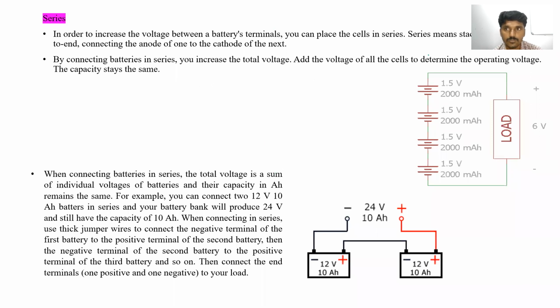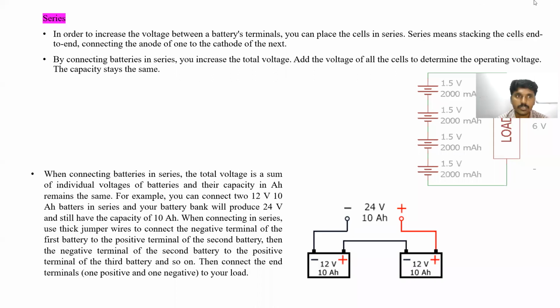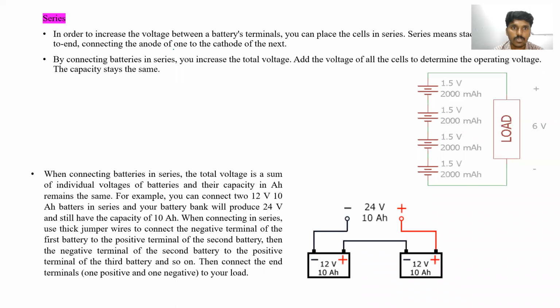Okay, so let's go for the series connection of batteries. In order to increase the voltage between the battery terminals, we can place the cells in series. Series means stacking the cells end to end, connecting the anode of one to the cathode of the next.